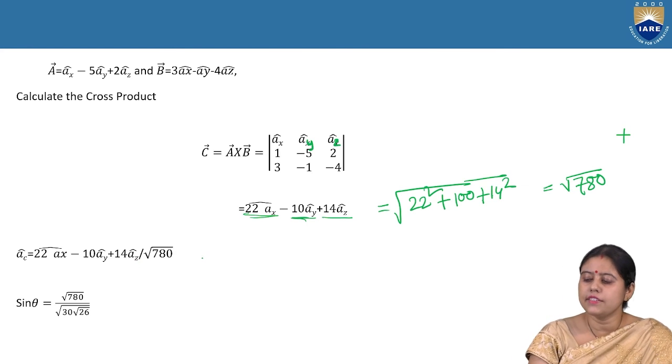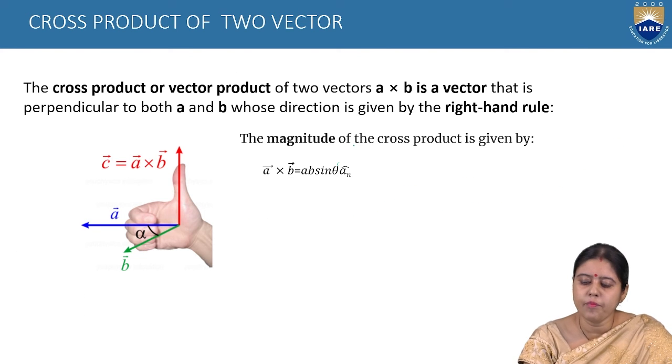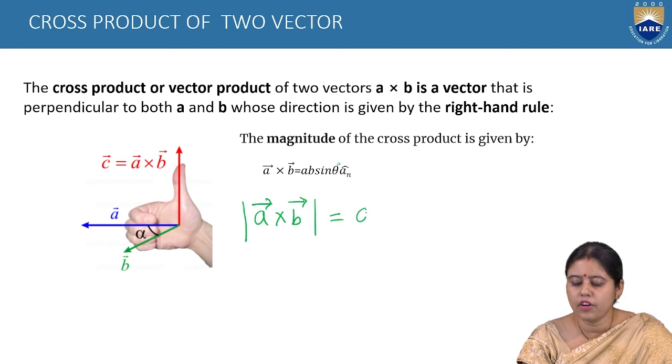Then what is sine theta? If we discard the direction, then we can write A cross B. If we do not take the direction, the magnitude of A cross B is equal to AB sine theta.